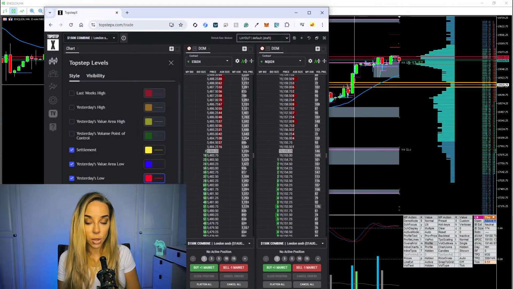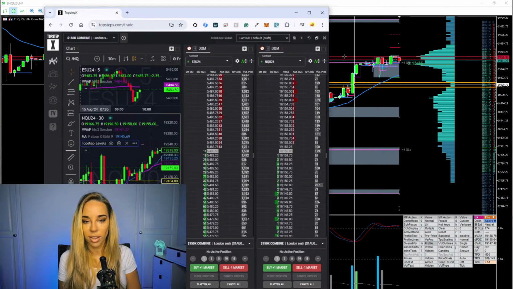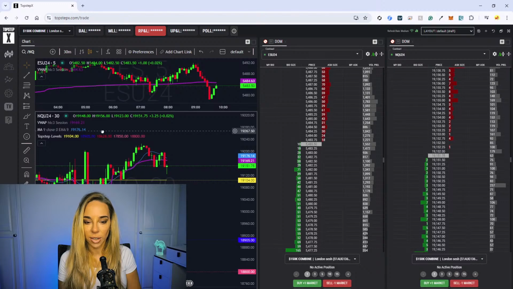I mean, it's so customizable. It's awesome. And then weekly kickoff high and low, we can also make that pink or something so that we can really see it. Dirty pink. There we go. Okay, so let's see what that does to the whole thing.